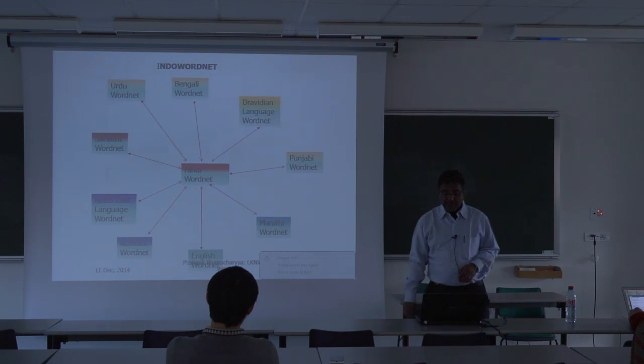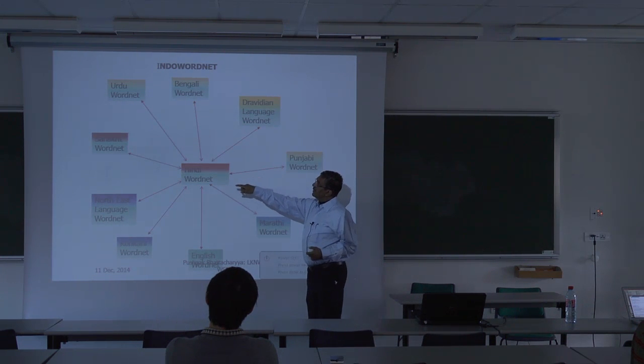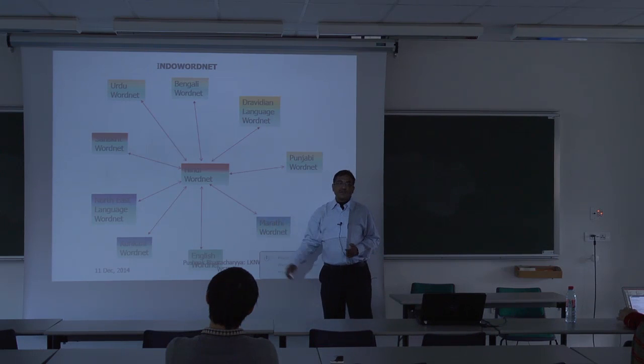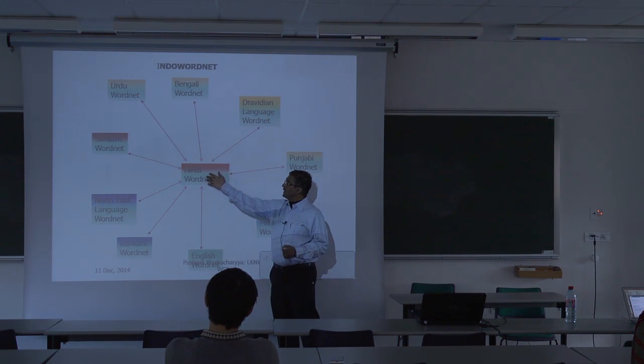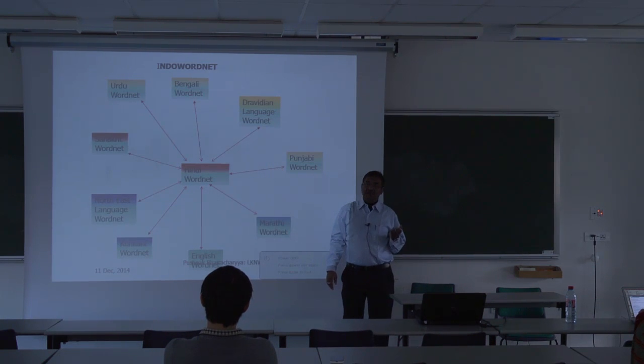So if we have this kind of IDs, then we can really link wordnets of many different languages together. Okay. For example, in India, we have created the Hindi Wordnet, okay, and it has been linked with wordnets of many other languages which are operating in the country.